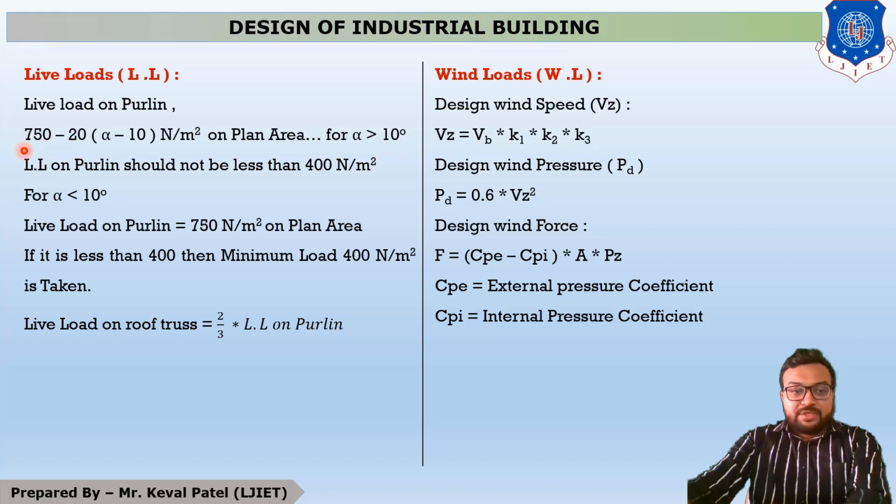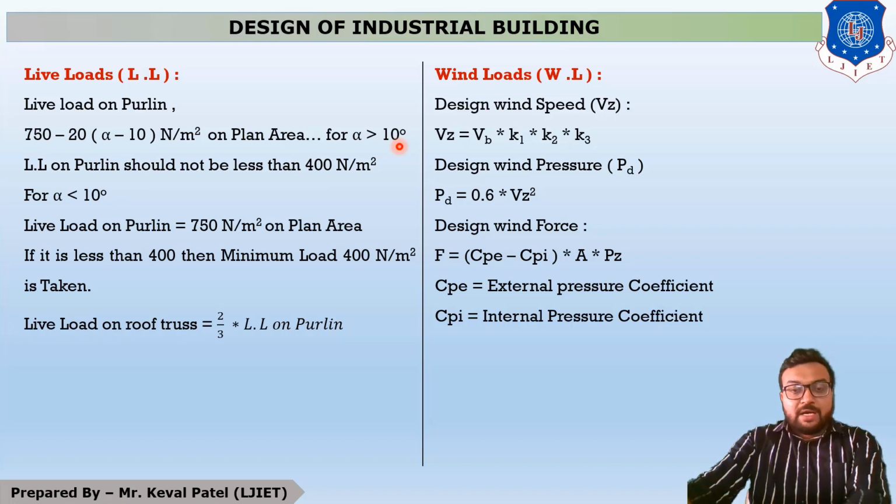The equation is 750 minus (alpha minus 10) into 20 Newton per meter square. This load will also be calculated per half plan area, and this answer will not be less than 400 Newton per meter square.